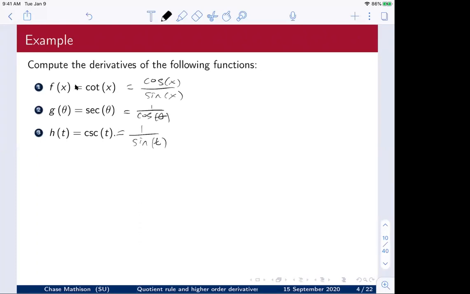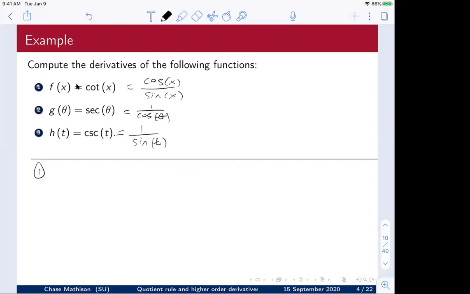Like I said, there's nothing special. I've been using x's, but there's nothing special about an x. You can use a t or a z or anything for the independent variable, and everything we have done follows in exactly the same way. Okay. So let's look at computing the derivative of cotangent of x with respect to x.